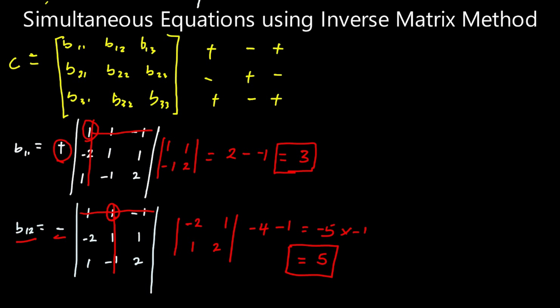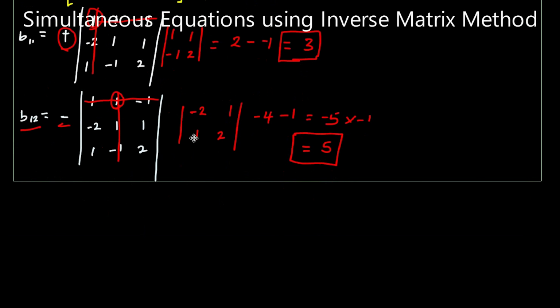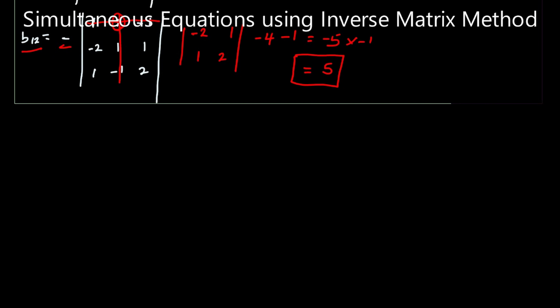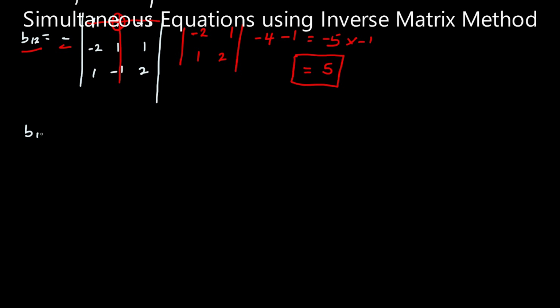So we move ahead and we look for the element in B13. So for B13, we have the sign here being positive. So we have plus. Our matrix is 1, 1, minus 1, minus 2, 1, 1, 1, minus 1, 2.